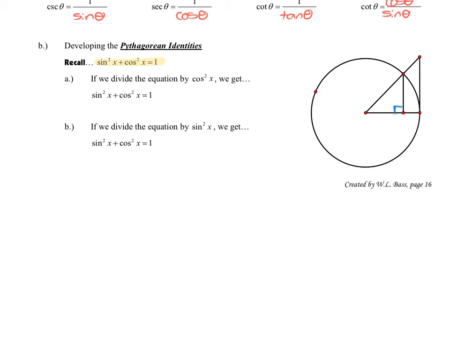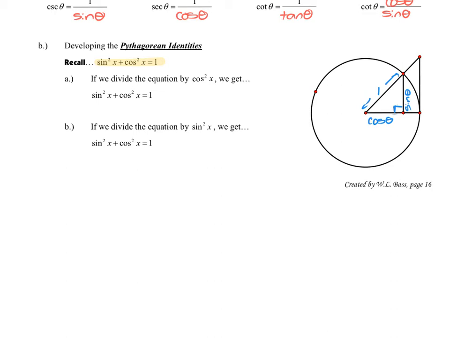So if this is our unit circle, we know that this is a 1. And we understand that this is going to be my cosine theta, and this is going to be my sine theta. So just thinking Pythagorean theorem, sine squared theta plus cosine squared theta equals 1 squared, or just 1.